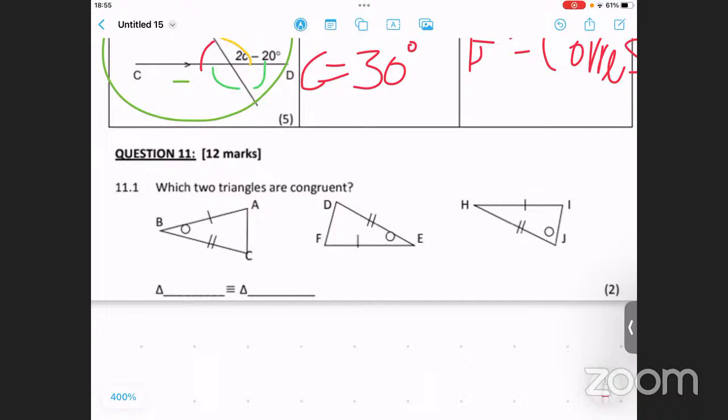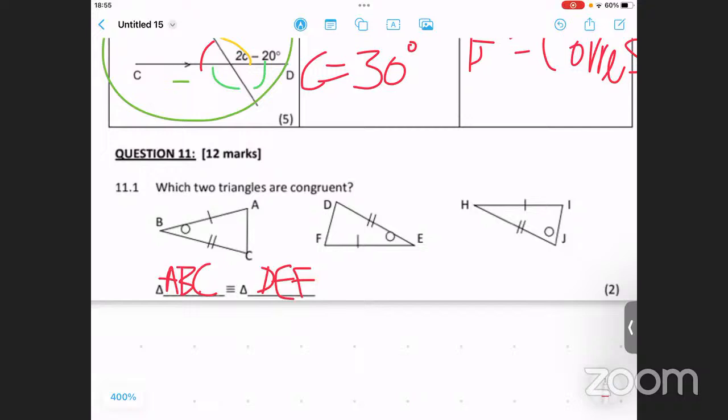Ma'am, yes, is triangle ABC congruent to triangle DEF? Triangle ABC and DEF.